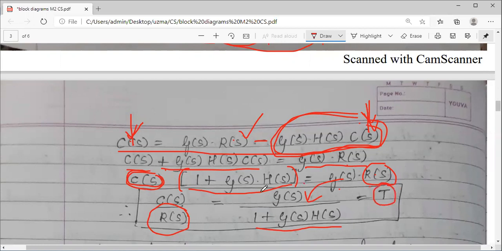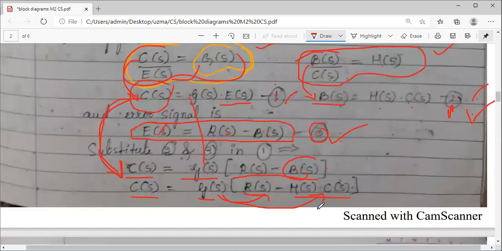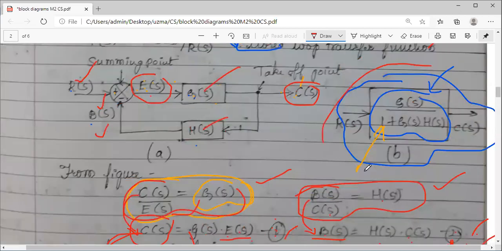As I have found this as the transfer function, what is the transfer function I have found? G by 1 plus G into H. So this is the transfer function. That's why when I have drawn the equivalent block diagram, you can see inside this box, I have written that transfer function, that is G divided by 1 plus G into H. So whatever transfer function you will find, that will be written inside this box.